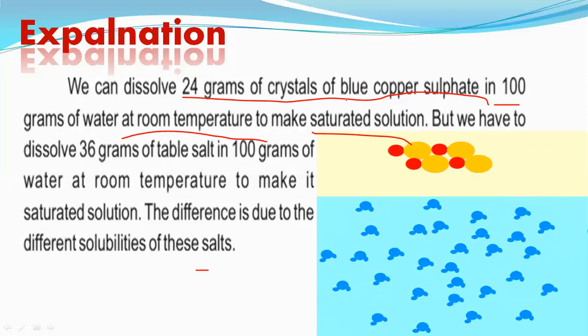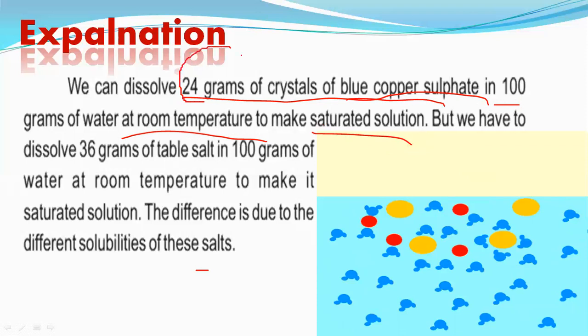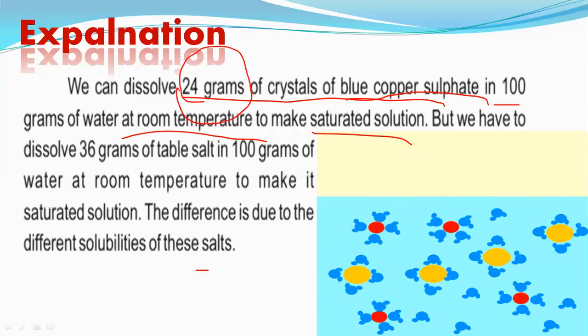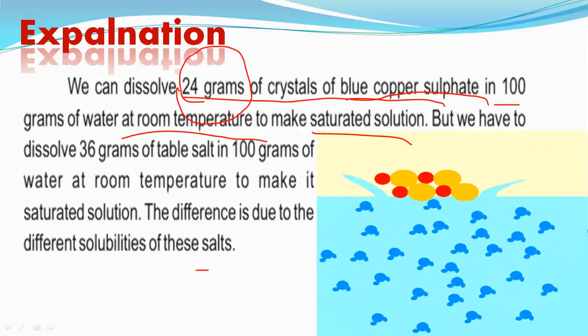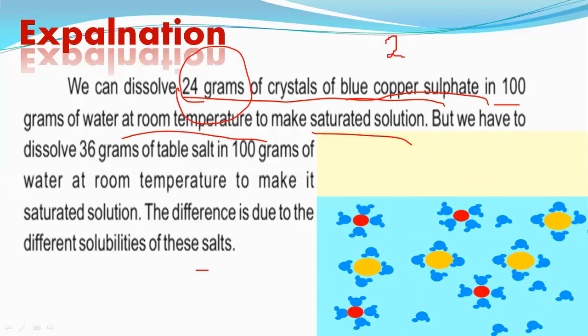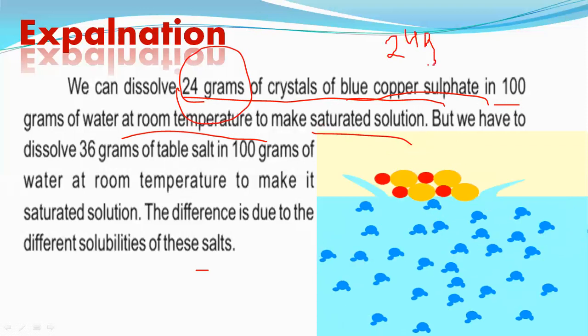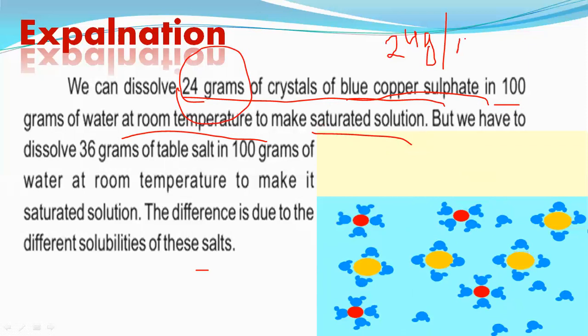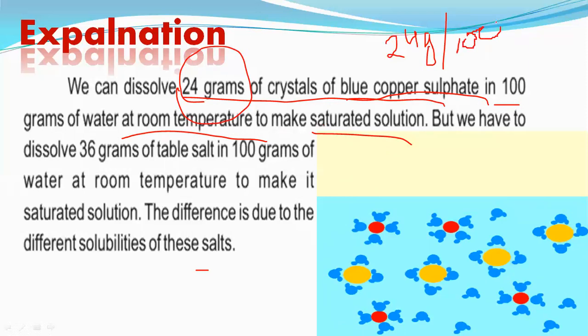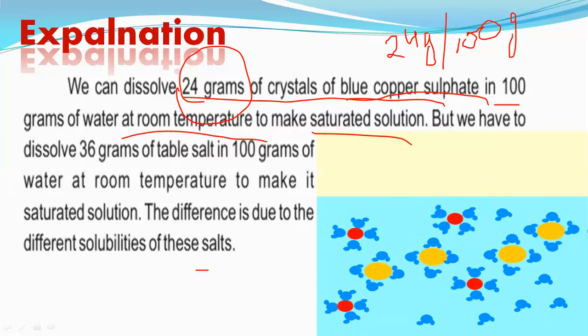So for copper sulfate, that color is blue. So blue copper sulfate is having the solubility 24 grams per 100 grams of water. So we'll write it, 24 grams per 100 grams of solvent.